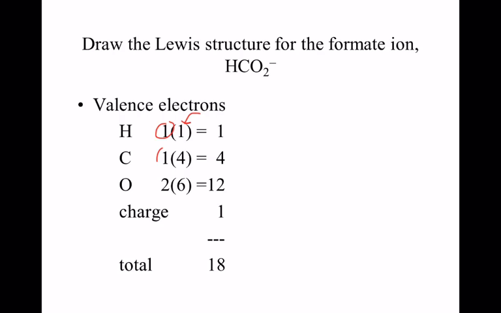One carbon atom is group 4A, so it has 4 valence electrons. Two oxygens are 6A, so 2 times 6 is 12. The -1 charge means we kick in 1 more electron. If you add them all up, you get 18 electrons.